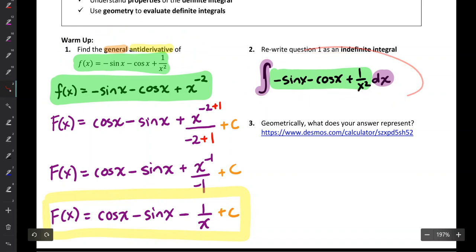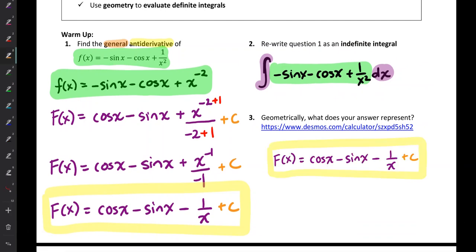Geometrically, our solutions here are the whole family of curves whose derivative is the green function. So this represents the family of curves or functions here.